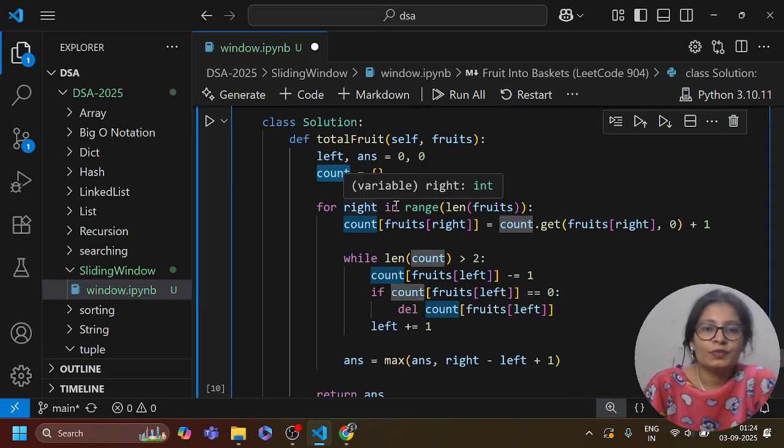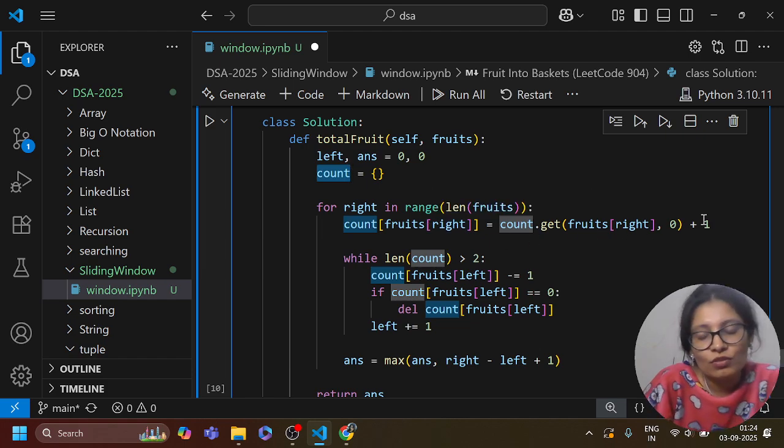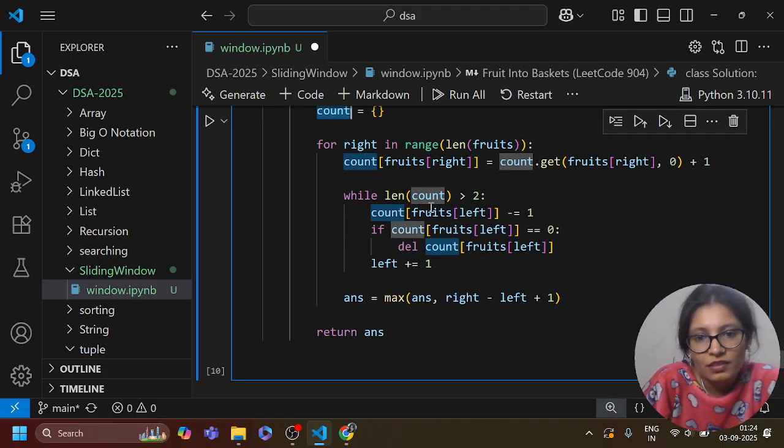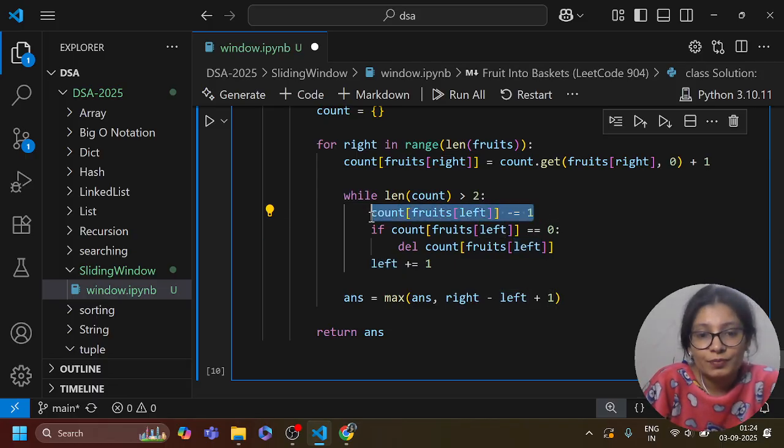So for right in range length of fruits, count dot get fruits right comma 0, plus 1. While the length of count is greater than 2, we need to remove the count from the left.